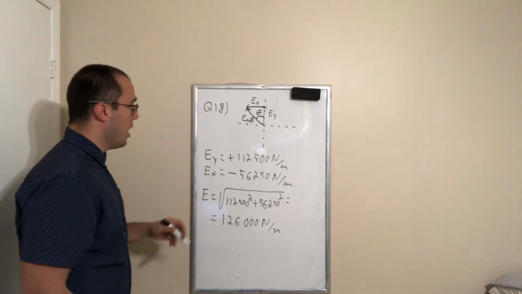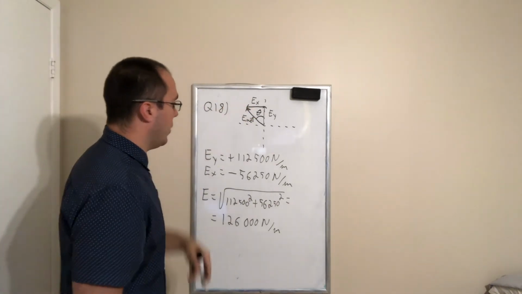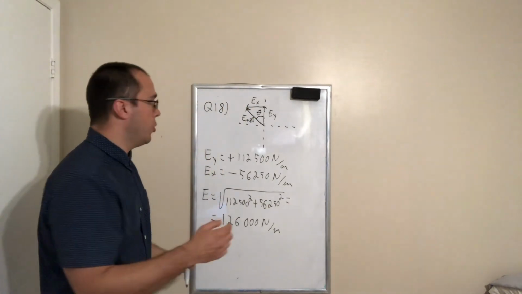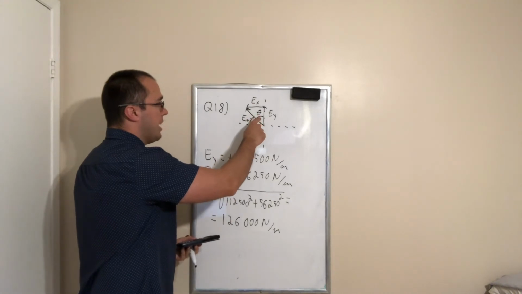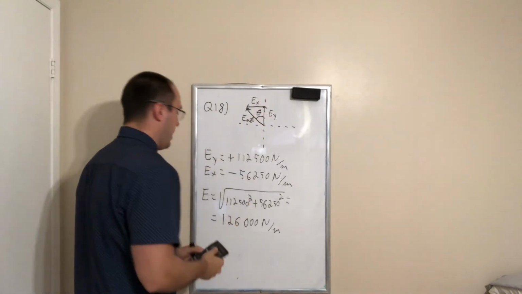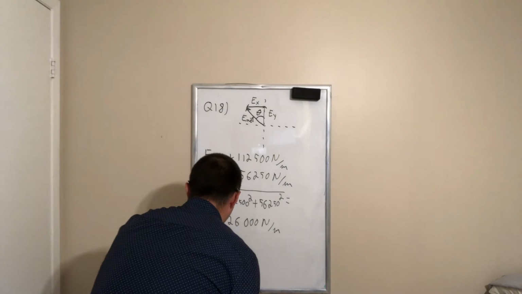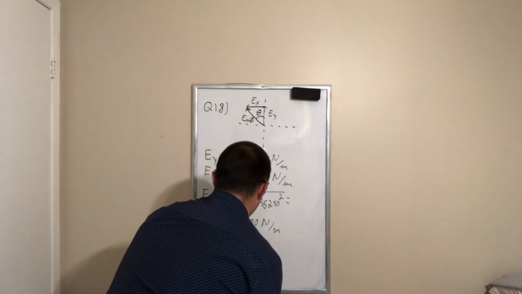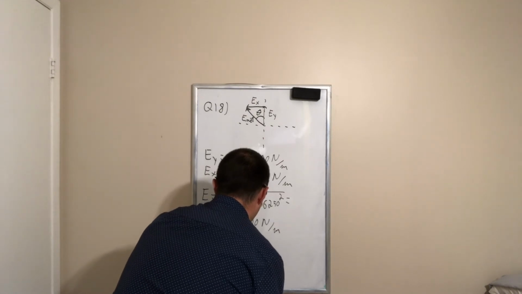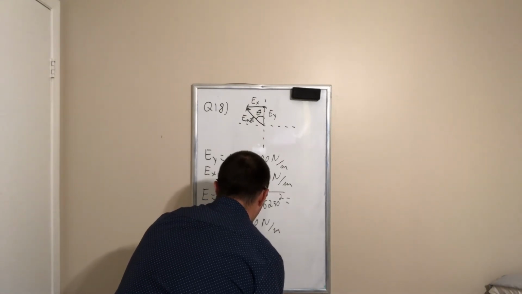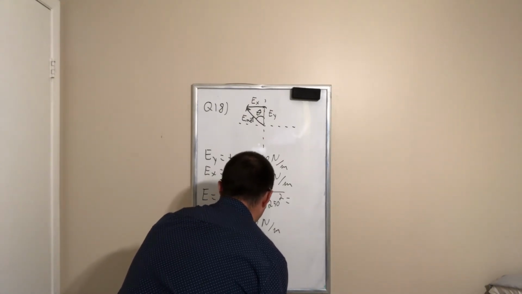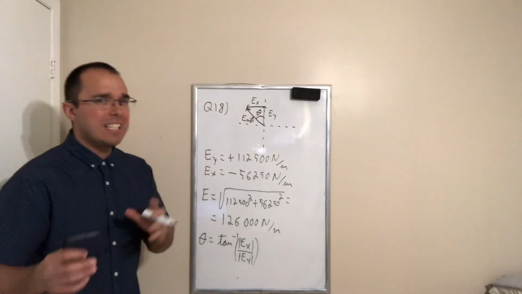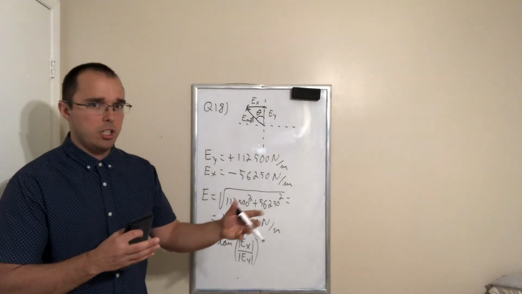Now, if I want to find this angle and I am given the x and y components, I need to use the tangent. So tangent is opposite side divided by adjacent. That means the angle has to be equal to the inverse tangent of Ex divided by Ey. Now note again, I'm always using the absolute value, because if you get a negative here, it's not exactly clear in which direction it is pointing.